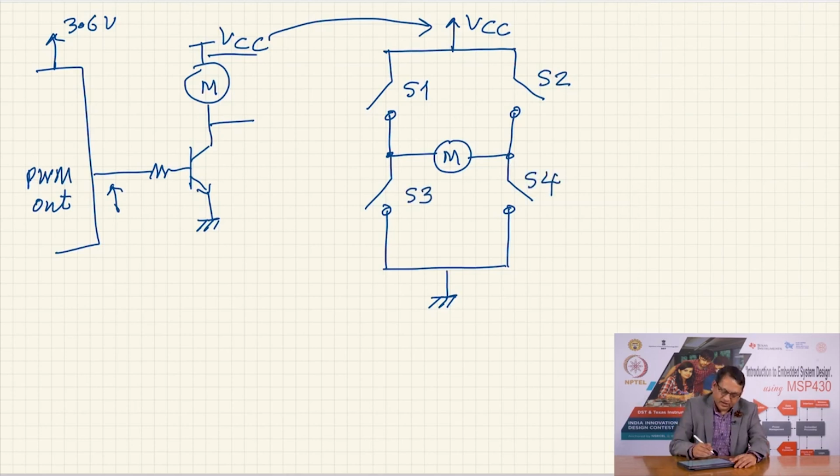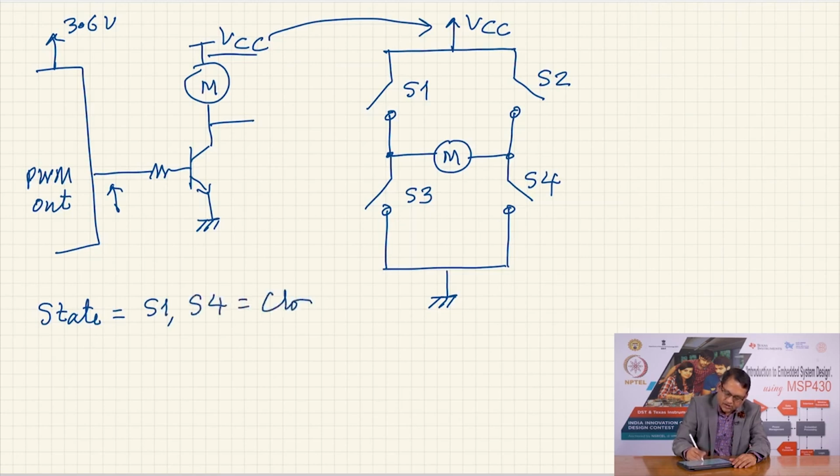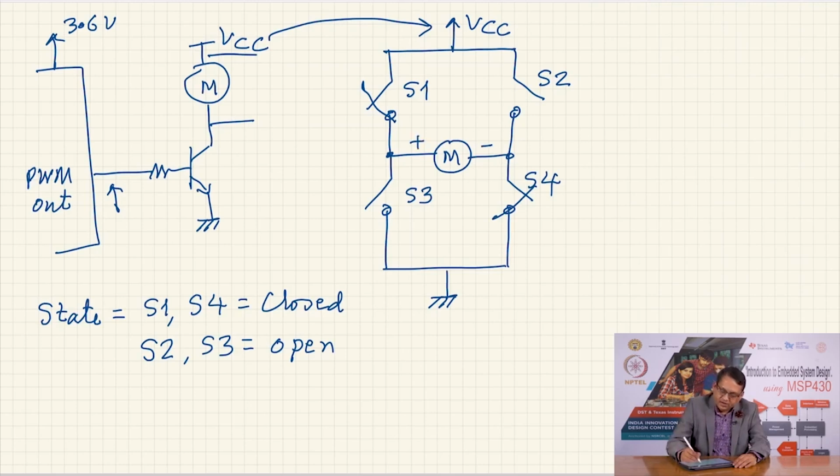Now, let us look at the condition where S1 and S4 are closed, that is the switches are turned on, and S2 and S3 are open. If I close this and this, it applies plus voltage here and this becomes grounded, so the motor perhaps moves in this direction.